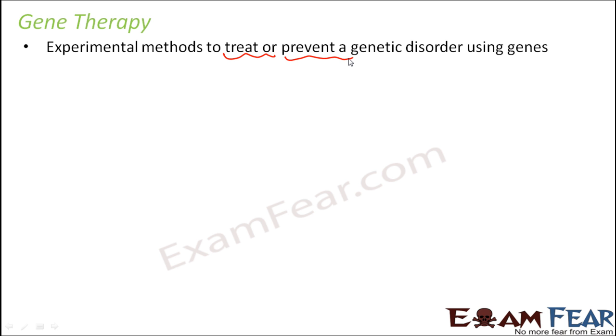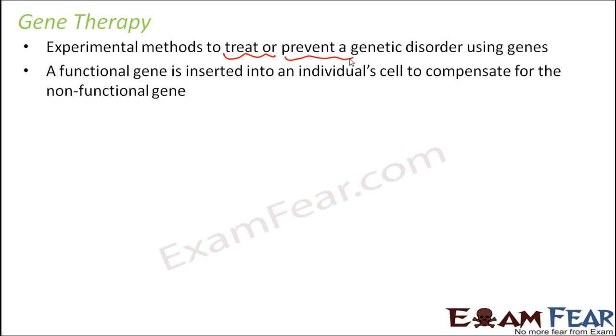So let us see what exactly we do here. In simple words, a functional gene is inserted into an individual's cell to compensate for the non-functional gene. If somebody is suffering from a genetic disorder, that itself means there is a non-functional gene. Either a gene is not functioning or a gene is absent. So we need a functional, normal gene.